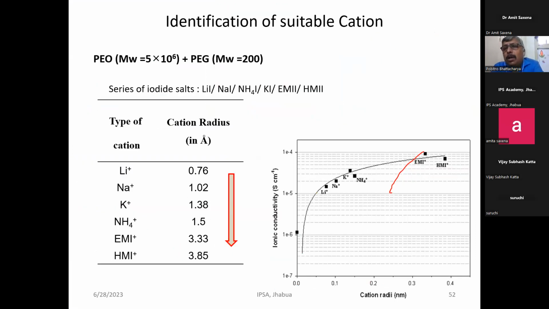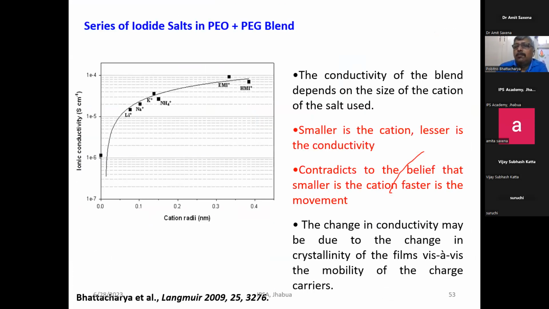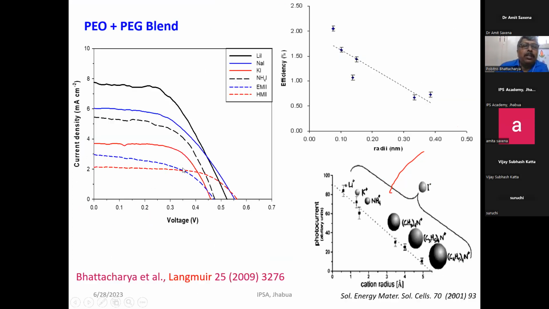How to make a choice of salt? Already I had shown one slide indicating the size of the spherulites and the amorphicity of the matrix. So accordingly, one can choose: if the cation is smaller, the conductivity, though it is lesser, but the current value, and accordingly the efficiency, becomes very high. This is very similar to what is observed with the liquid electrolytes also.